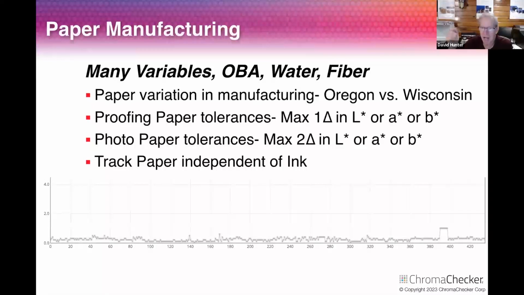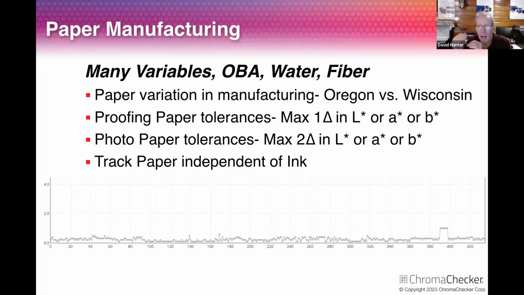Whether the paper was manufactured in the mill in Oregon or the mill in Wisconsin, guess what? It can be a 2 to 3 delta E difference in the paper based on where it's coming from. When you're buying paper for proofing, it costs more than paper for printing, because the companies like Epson that sell proofing paper, quote unquote proofing paper, guarantee that there will not be a max of 1 delta in L, A, or B. Whereas in their photo paper, it's double the tolerance.